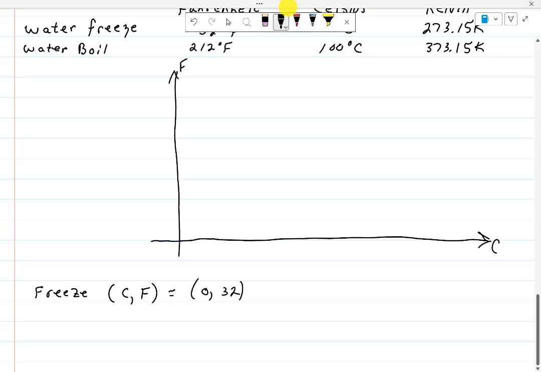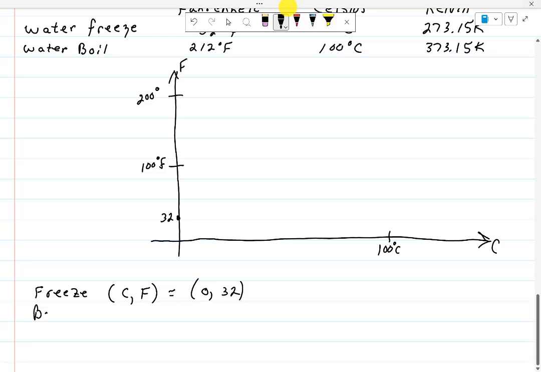So if I were to graph these things, I'm going to put 200 degrees up there. That means here is about 100. And I'm just going to put over here the one that's at 32. Now we move all the way down this axis here, and I'm going to go to 100 degrees Celsius.